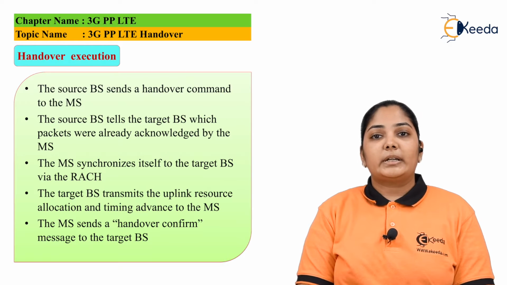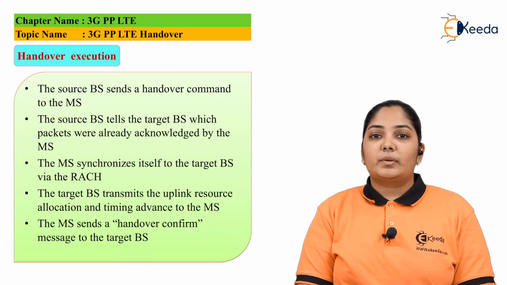The source base station tells the target base station which packets were already acknowledged by the mobile station. Now since the communication is going to change to the new base station, the older base station has to tell the new base station that these many packets were already sent to the mobile station and that they were acknowledged. Hence, the rest of the packets now need to be sent.